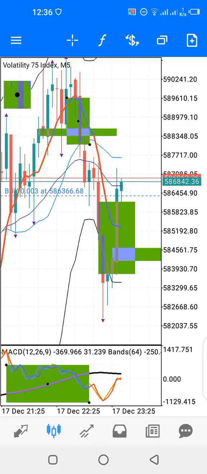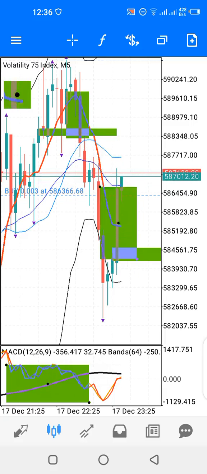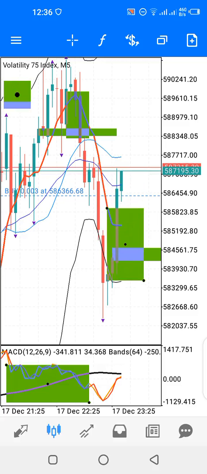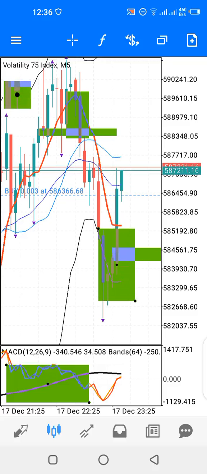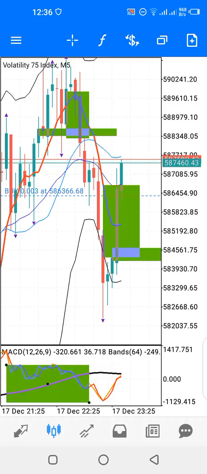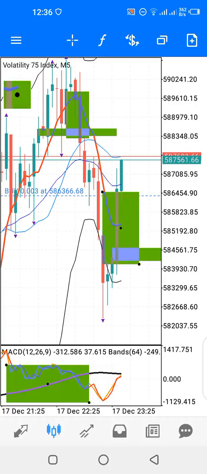That will tell you price is going down. Also allow it to close lapping across the 13 period moving average, which is the red line, with little or no wick. The wick must be smaller compared to the body of the candle. I'm talking about the candle that laps across the 13 moving average.